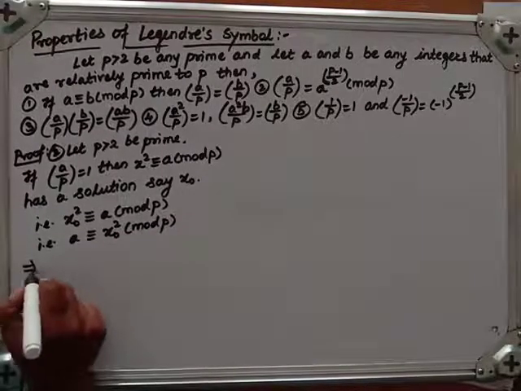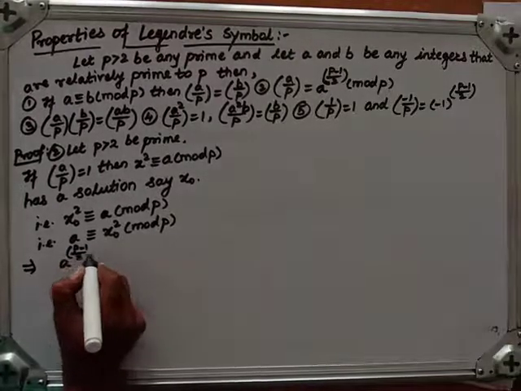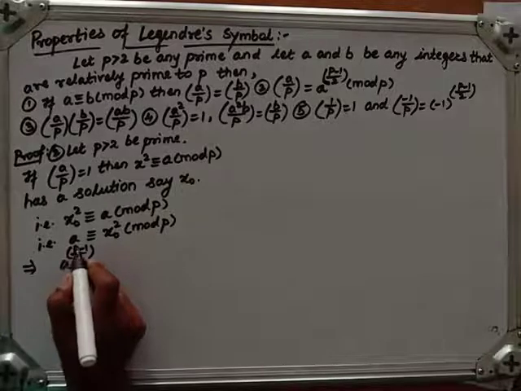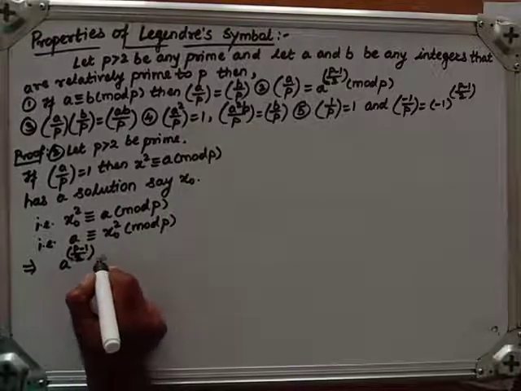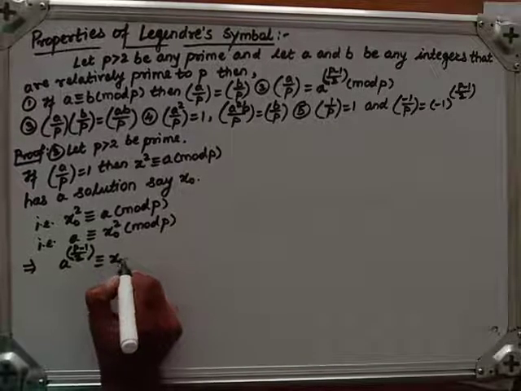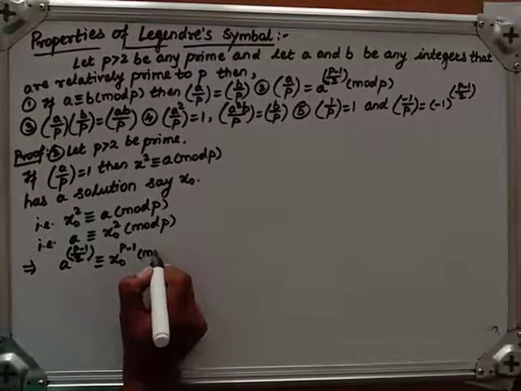This gives a raised to (p minus 1) by 2 congruent to x naught raised to p minus 1 modulo p.